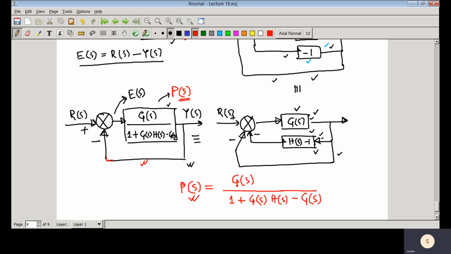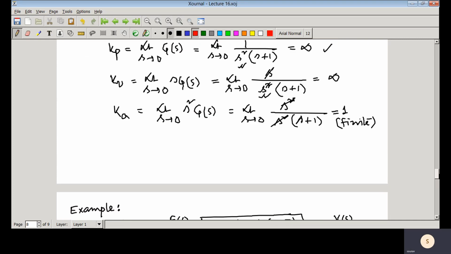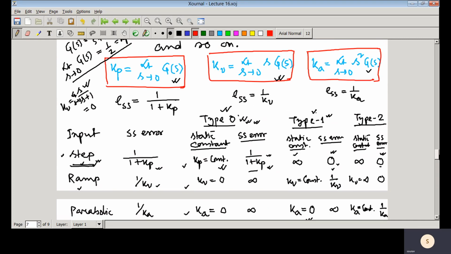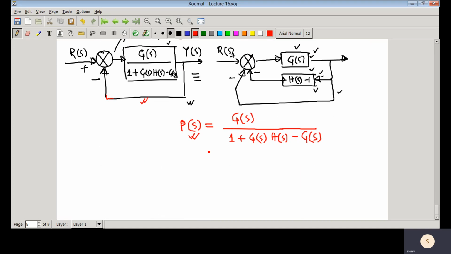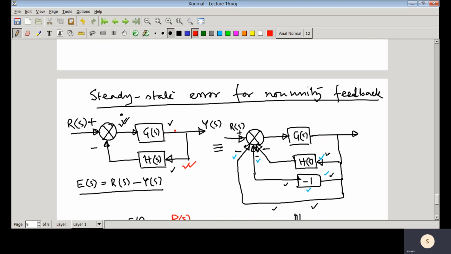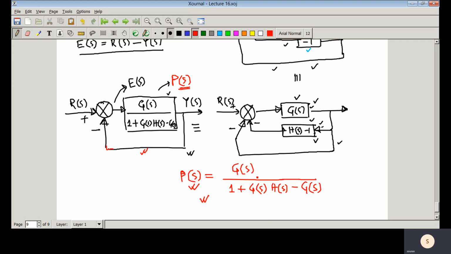So now you apply all the constants and all the concepts that we have discussed today on the P(s), not on G(s), because if you apply all the formulas on G(s), it would be wrong, because this is not error signal. But after transformation, you can see that the transformed plant is P(s) and now this is E(s). So to find the steady state error, you need to apply all the formulas and find all the constants for P(s).